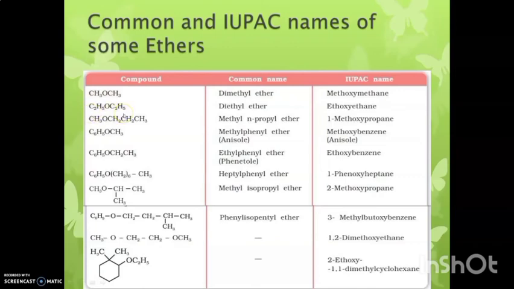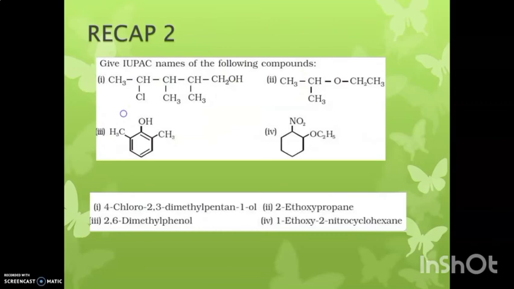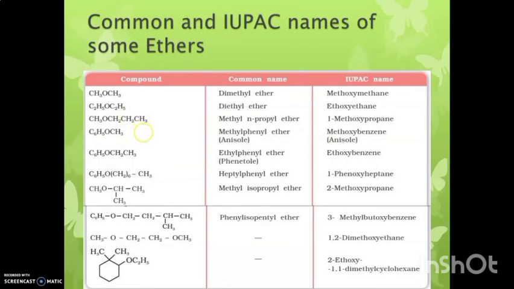But in the case of unsymmetrical ethers we have to consider the carbon chain. Here we have to count the number of carbons after oxygen. So here 1, 2, 3, so the root is propane. It is propane, and this methoxy group is there. So it is methoxypropane.